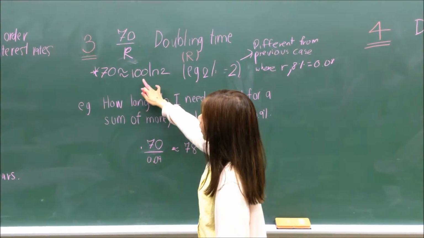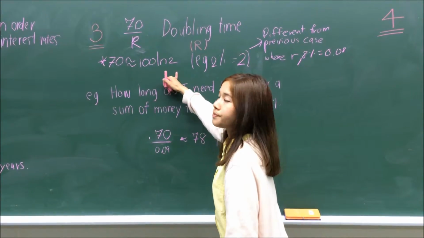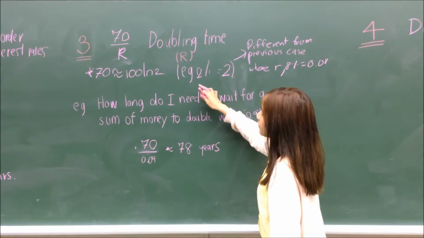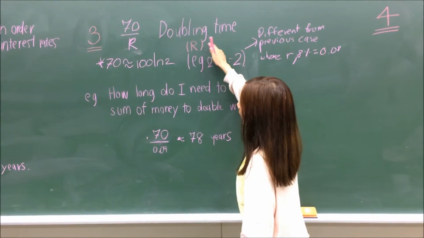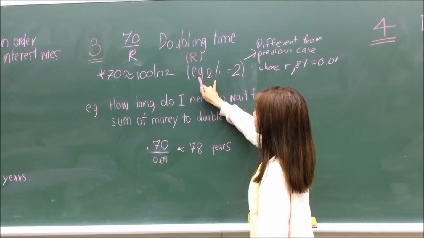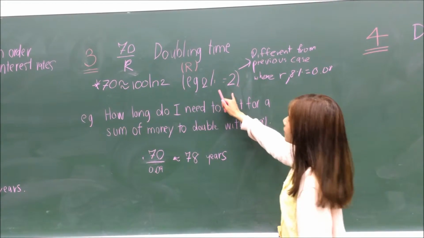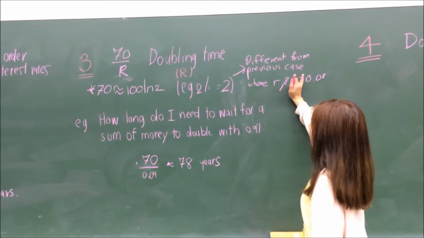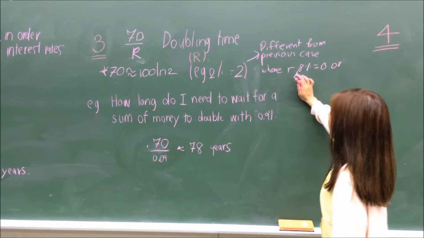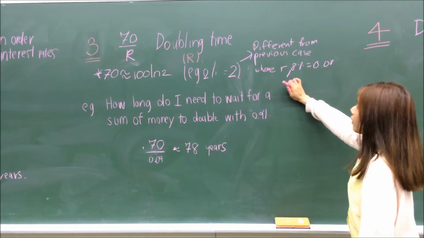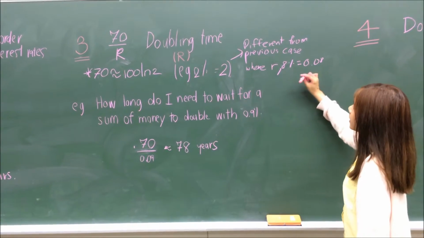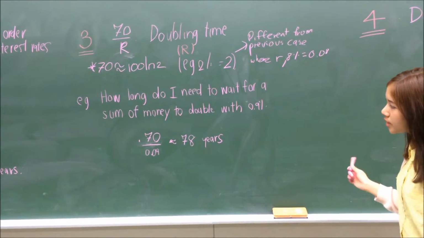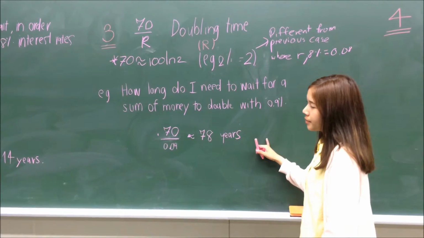It is 100 times ln 2. And R here is capital R, for example 2% equals 2, which is different from the previous one, where in small r, 8% equals 0.08. Let's move to the example.